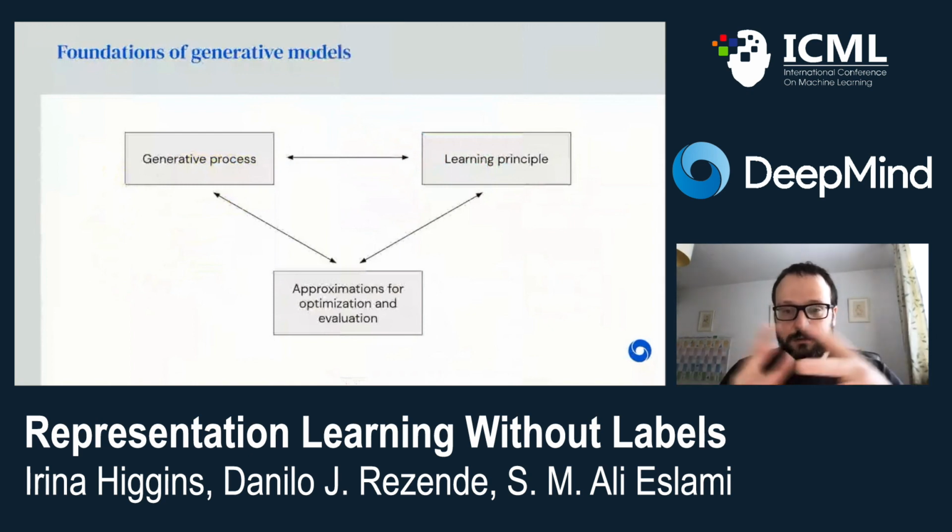And in general, we cannot directly use the learning principle that we choose. We have to resort to some kind of approximation. So we cannot really disentangle the model from the learning principle from the approximation that's used, because these three things have to be chosen together in practice.